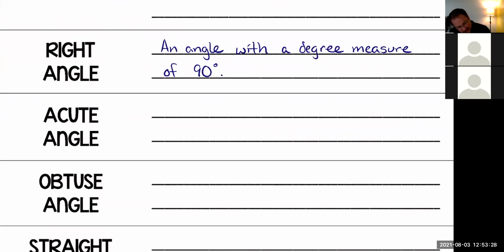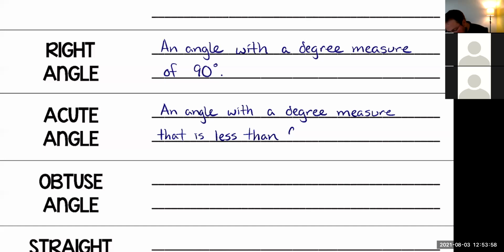Next one on our list, an acute angle. So this is an angle that is cute. No, it's an angle with a degree measure that is less than 90 degrees.